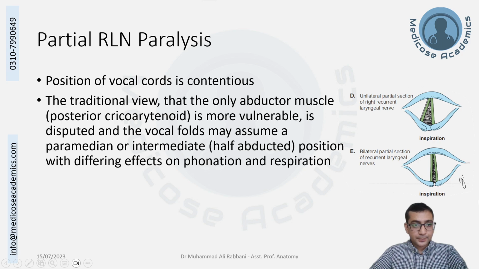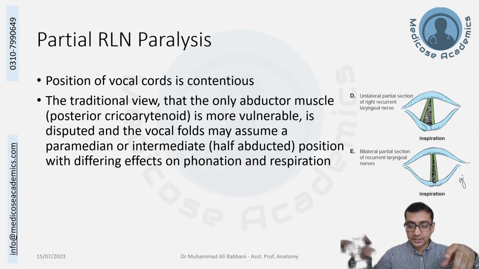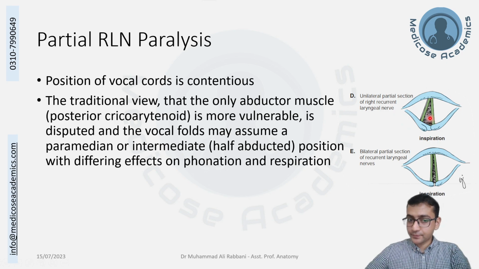Partial recurrent nerve palsy. If the palsy is partial, the abductor muscle is more likely to be damaged due to Simmons' law. The abductor fibers are outside, so they will be damaged. If the partial lesion is on one side, one vocal cord will come to the median position, but the other vocal cord will compensate by getting away or closing.